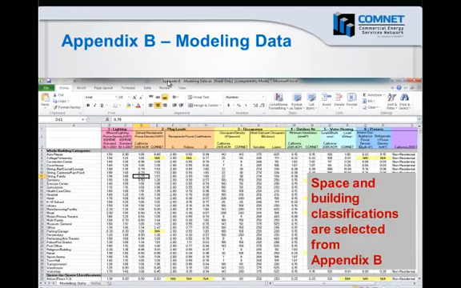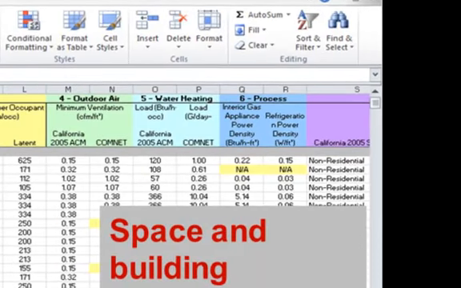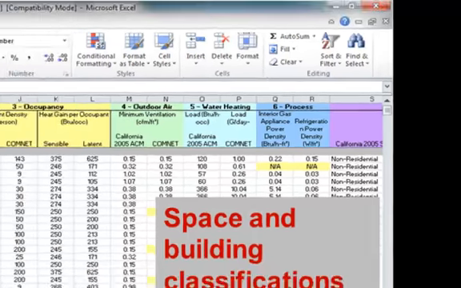This is an image of Appendix B. It has all of the different whole building categories and space-by-space classifications listed as rows, and the columns show the baseline building lighting power, receptacle values for plug loads, coefficients, which we'll get into in a few moments, occupancy levels and heat generated by occupants, outside air, water heating process, and also schedule references.